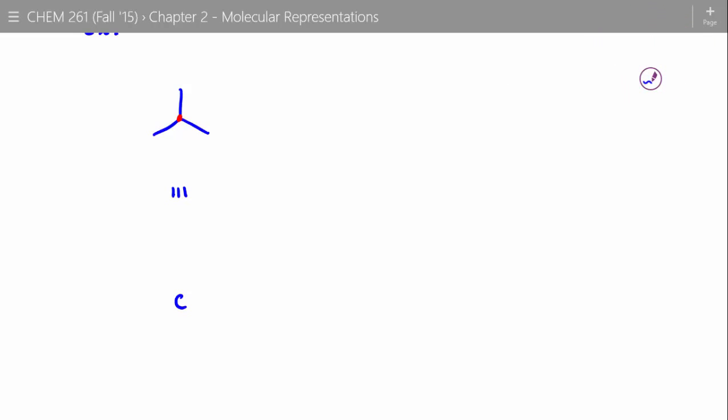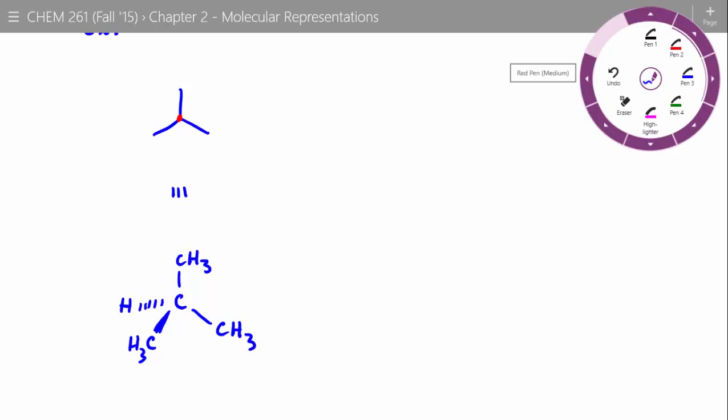And then, if we think about it, we've got a CH3 group sticking up. That's that first one. We've got a CH3 group sticking out over to the right-hand side. And then on that left-hand side, we've got another CH3 group. And then we've got this hydrogen that's actually assumed sticking back.